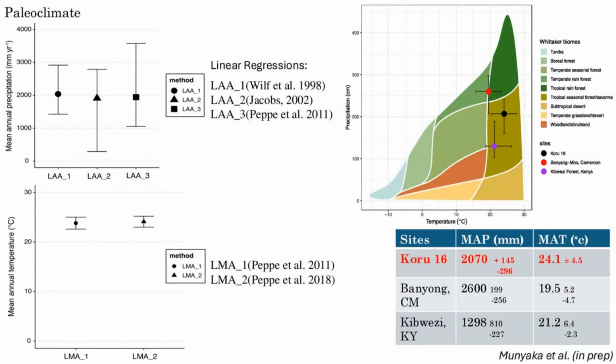That's what you're seeing in this box here, the bottom right one, where Koru 16 has about 2 meters of rainfall. And using leaf margin analysis, it's pretty warm. We're getting about 24 degrees Celsius. When you take those two variables, we can plot them on a Whittaker biome plot, which distributes them in reference to modern ecology, and see where Koru 16 plots. And it plots comfortably on a tropical seasonal forest.